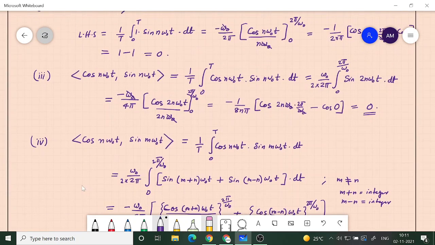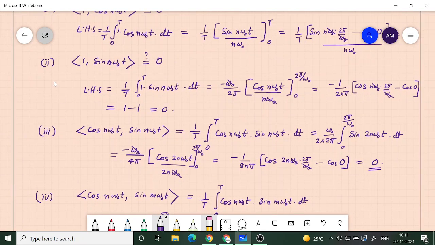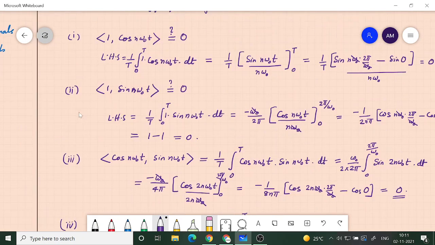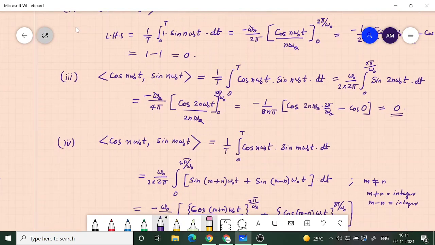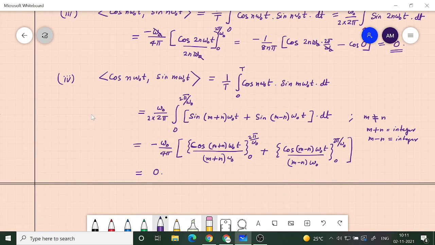So these are the only cases where the functions can be different. There are an infinite number of functions, but if you pick any two different functions, they will fall into one of these cases. And in all the cases the inner product is 0. So they form an orthogonal set.